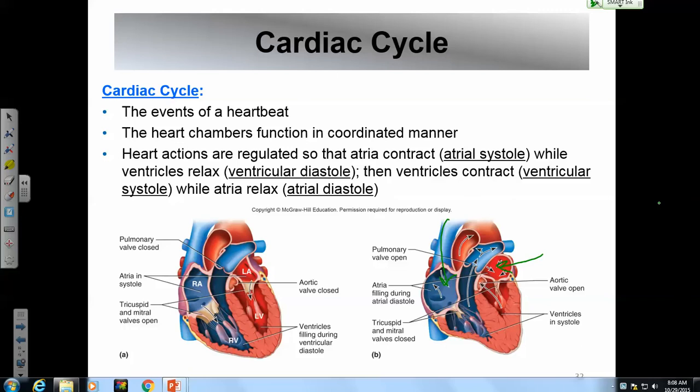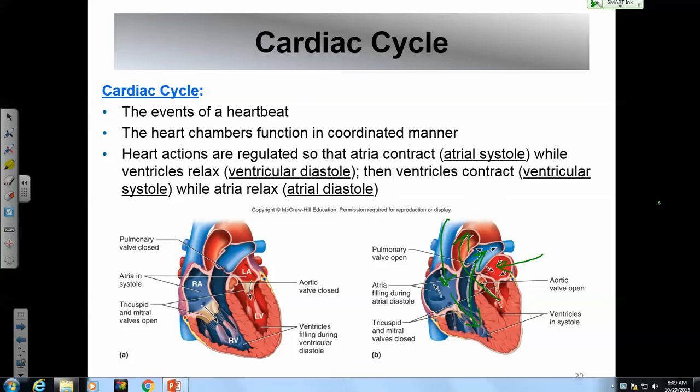As they contract, the ventricles start filling, and so that's ventricular diastole. And then when they contract to push that blood into the arteries that leave the heart, that's ventricular systole. So systole is contraction, diastole is relaxation, regardless of which chamber you're talking about.